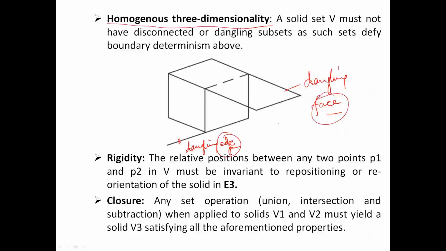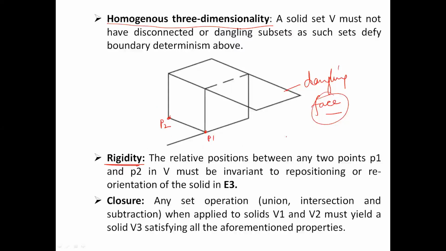The next point, which is very important to understand, is rigidity. Now, what is rigidity over here? Rigidity basically means that this is point P1 and this is point P2.